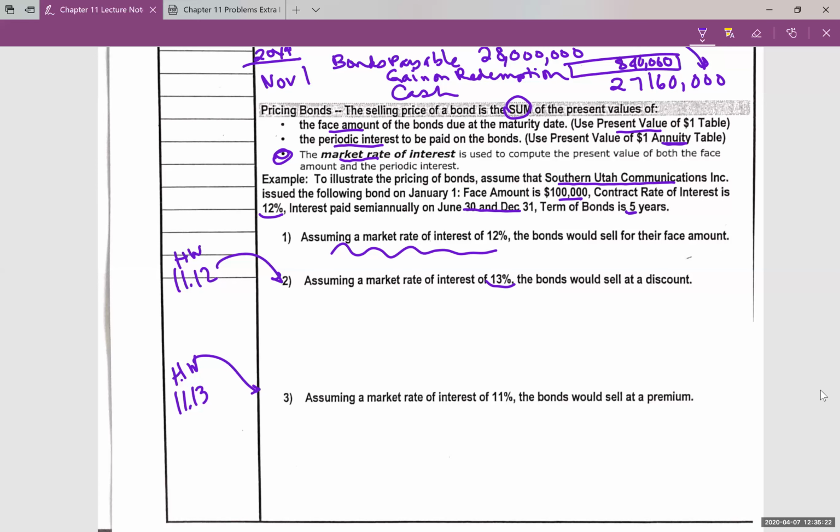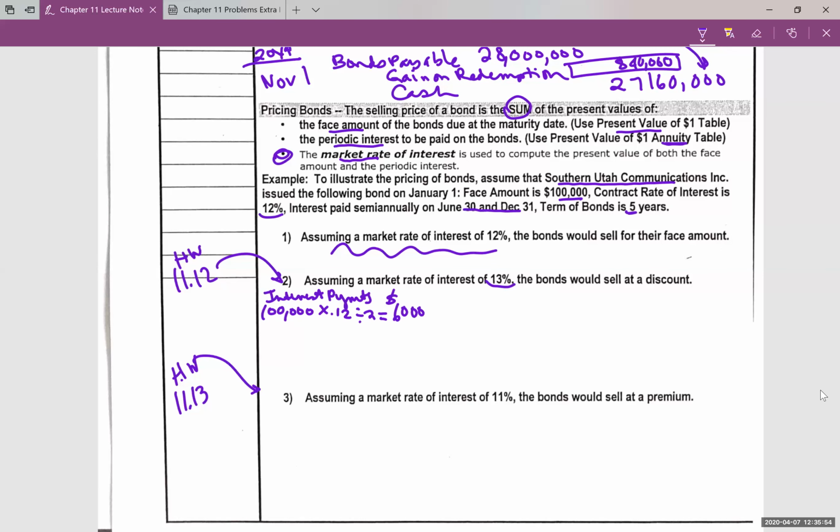If we were going to calculate the interest payments, we would take the contract information, the $100,000, and then we would take that times what's in the contract, which is the 12%, and then I divide that by 2. So every single interest payment on this one is $6,000. Okay.